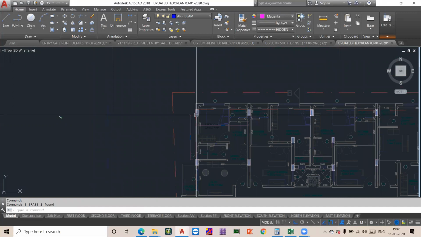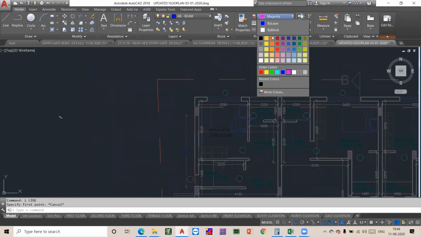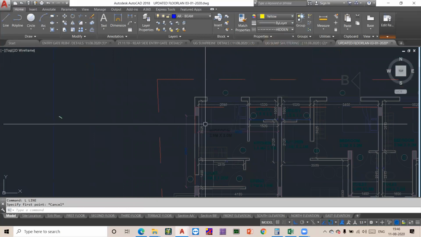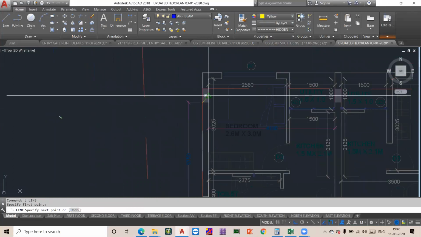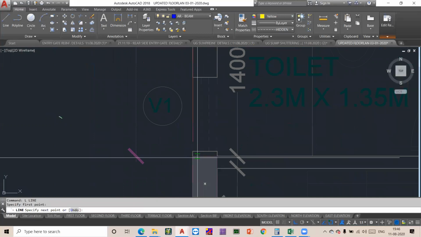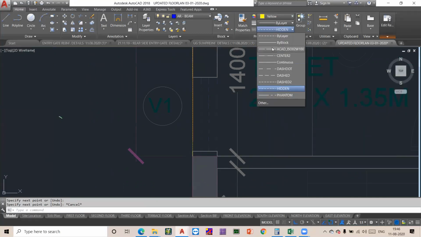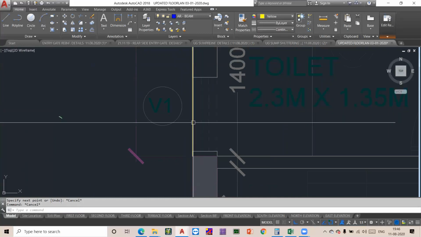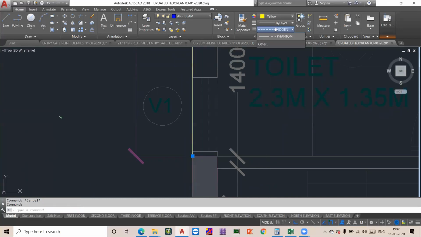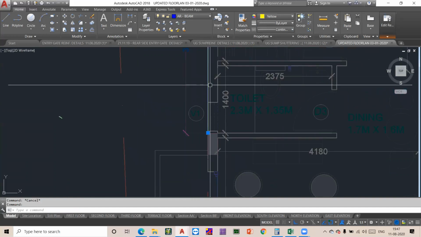Okay. Now to begin with, I am starting to draw the beams. Column to column I will be drawing. See, beams we will be indicating with two types of lines.